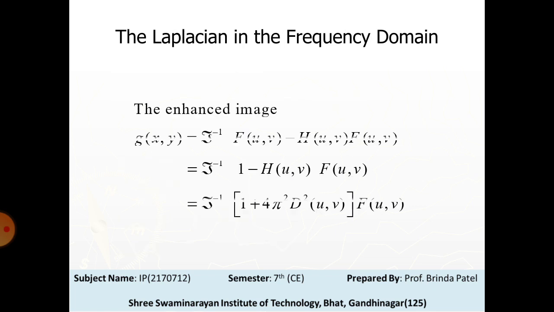In the frequency domain this is written as g(x,y) = inverse transform of [F(u,v) - H(u,v)F(u,v)], which is the inverse transform of [1 - H(u,v)]F(u,v), and so we get the inverse transform of [1 + 4π²D²(u,v)]F(u,v). This result is elegant. It has the same scaling issues just mentioned, compounded by the fact that the normalizing factor is not easily computed.